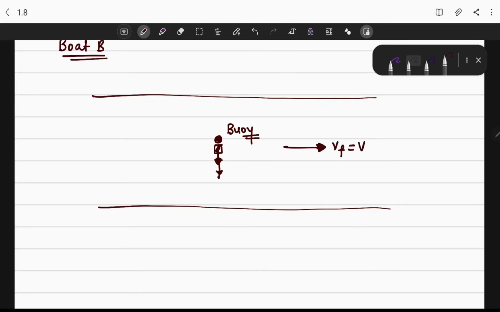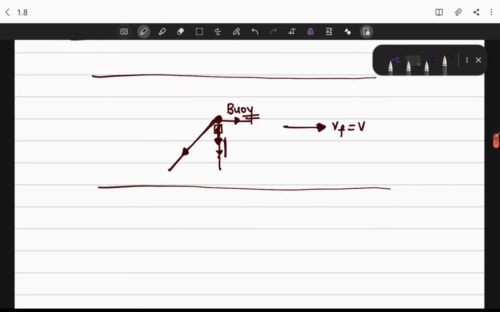Then we know from the relative velocity concept that it has to move in this particular direction with respect to flow, because if with respect to flow it is moving in this direction and this is the flow direction, then we get the resultant motion of the boat in this particular direction.